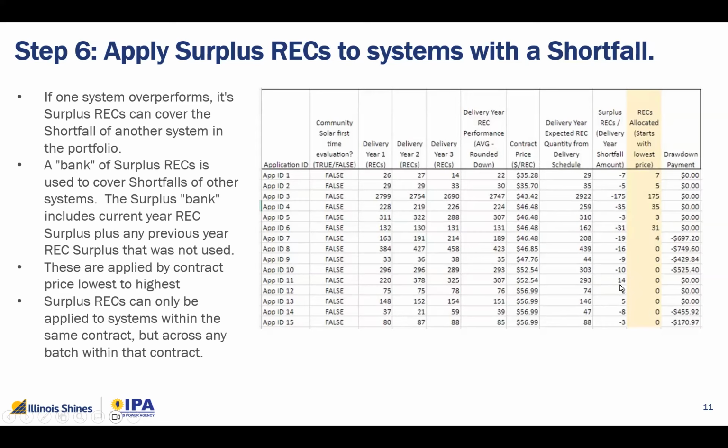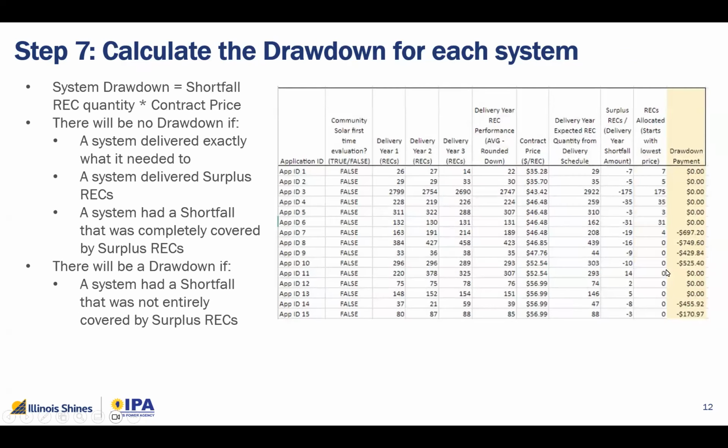You can see some of these systems, like these two here, did generate a surplus. So these 2 and 5 RECs are represented in this bank here. And then anybody down here that didn't have any surplus RECs allocated, if they still have a shortfall, would have a drawdown payment, which is the next step: to calculate the drawdown for each system.